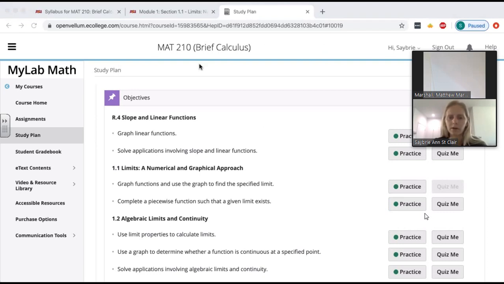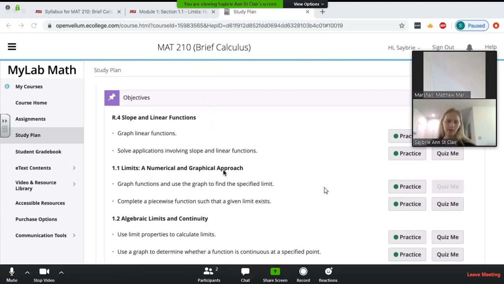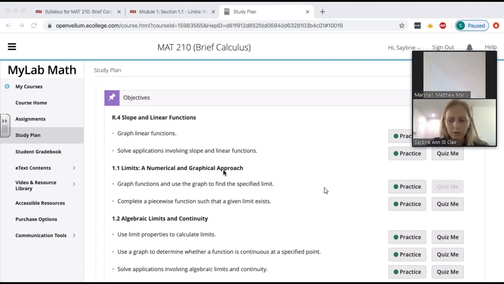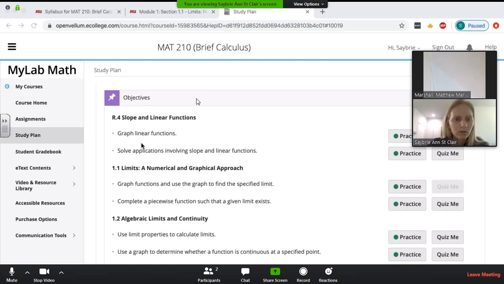I could see it, yep, for sure. Actually, no, all I see is that original screen. Did you click on anything?